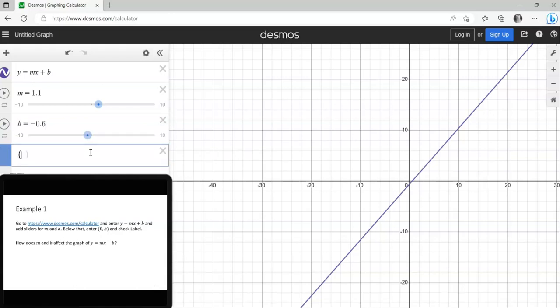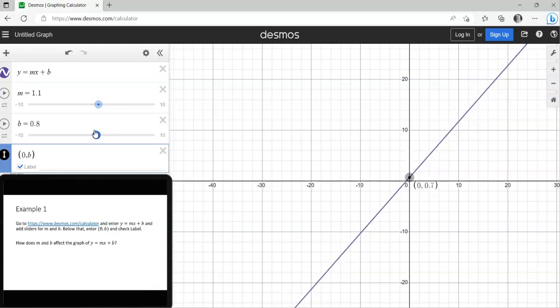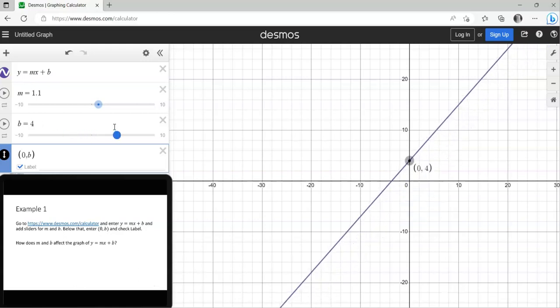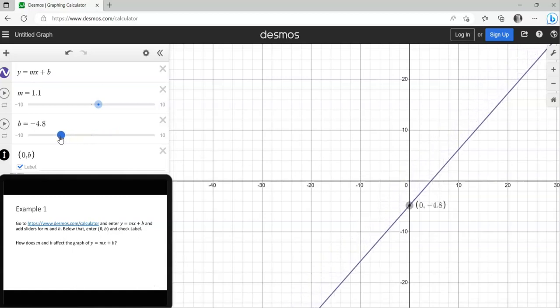If I go parentheses, 0, comma, b, and click on label, you can see that that point is now highlighted, and as I change the graph, you can see that that 0, b is the y-intercept, and it's the same value. It starts at x is 0, and the y value is the same as your b. So if our b becomes negative 4.8, the y-intercept is at 0, negative 4.8.